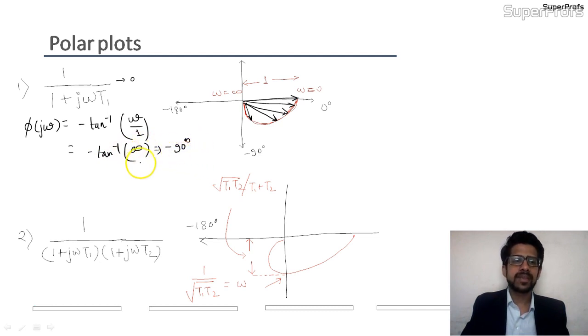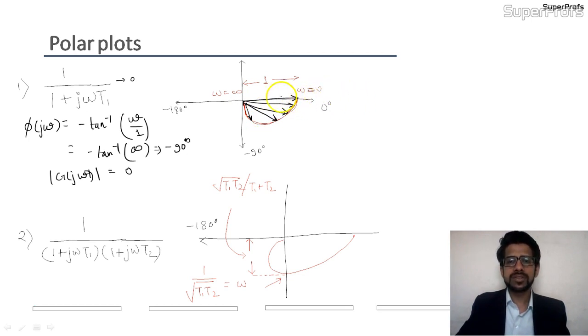And for omega equal to infinity, the magnitude of this particular g of j omega is equal to 0. Okay. For omega equal to infinity, the angle is at minus 90 and the magnitude is 0.